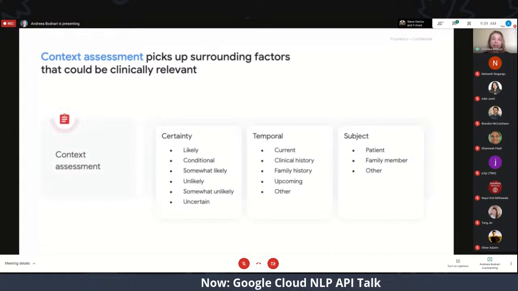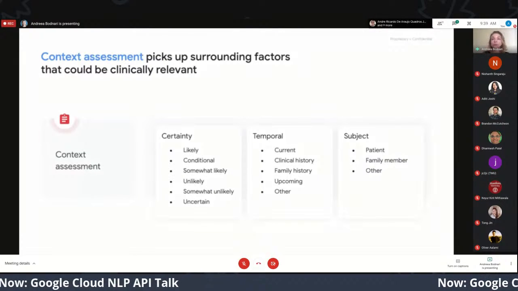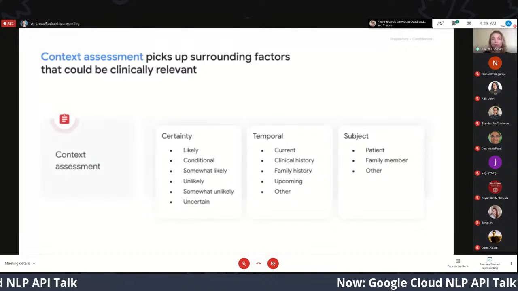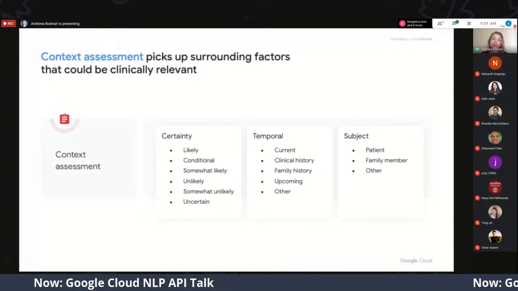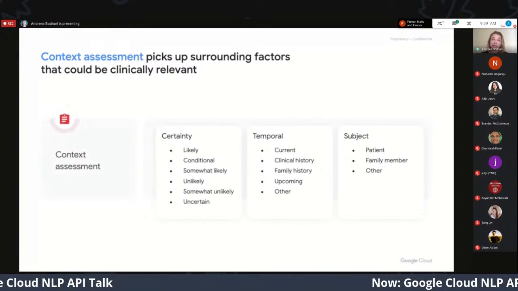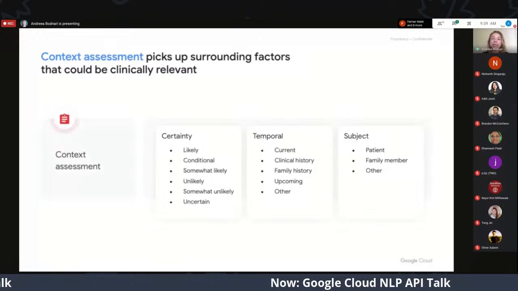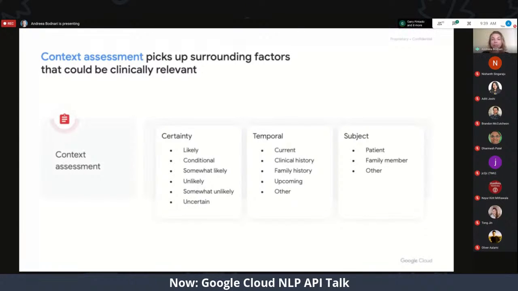So keep in mind that this certainty function refers to the certainty of the human that wrote the piece of medical text. It doesn't refer to the certainty of the machine learning model that extracted the information. The certainty of the machine learning model is extracted separately.